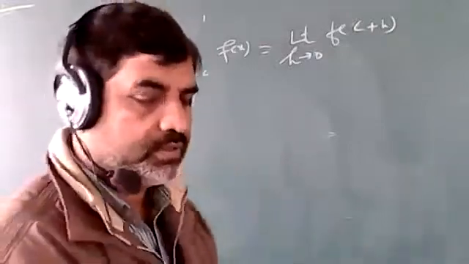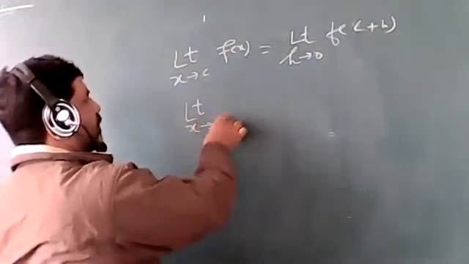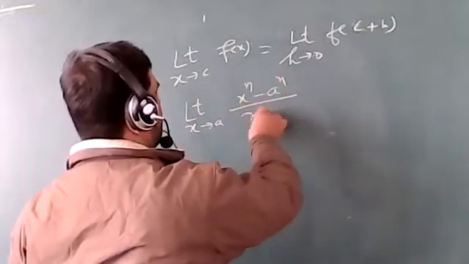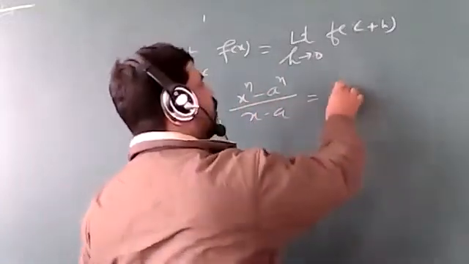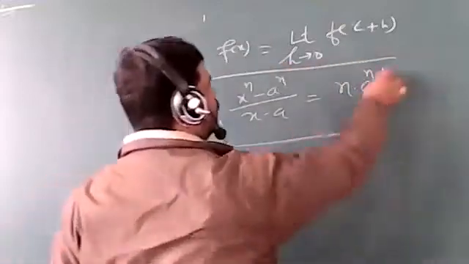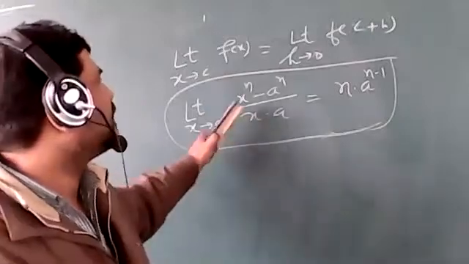One more theorem. Limit x tending to a of x to the power n minus a to the power n upon x minus a. This value becomes n into a to the power n minus 1. This will be widely used. Many expressions will come like this, and directly you may write.